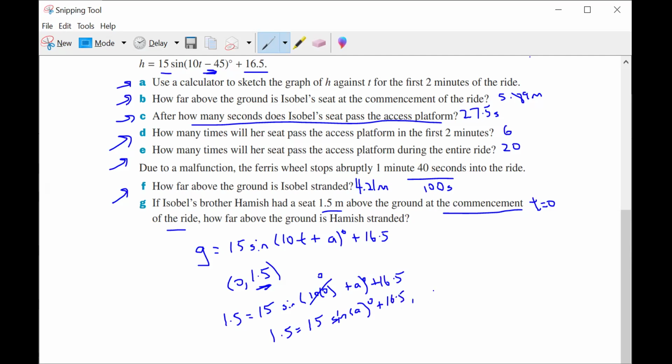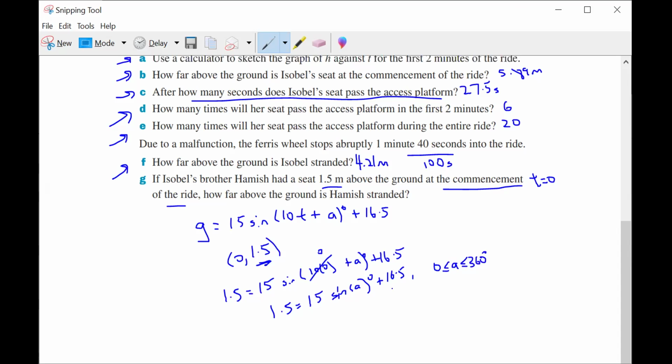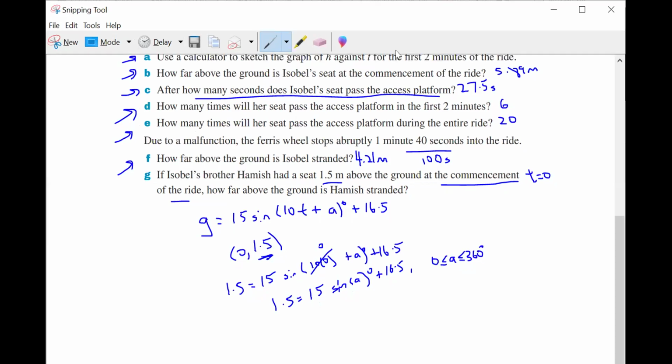And just make sure to put the restriction between 0 and 360. So that's the phase shift.